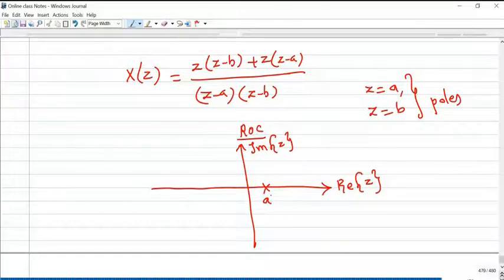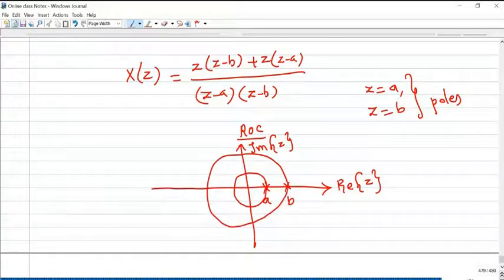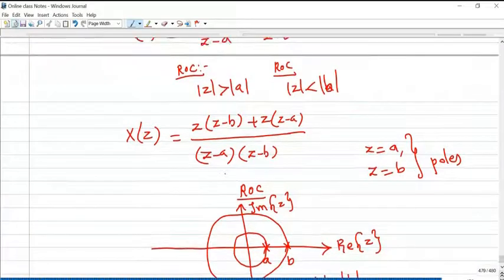Suppose I assume a is less than b. This is a condition. So draw a circle, draw another circle. This is the case when a is less than b. Now how to specify ROC? Modulus of Z greater than a, modulus of Z less than b.